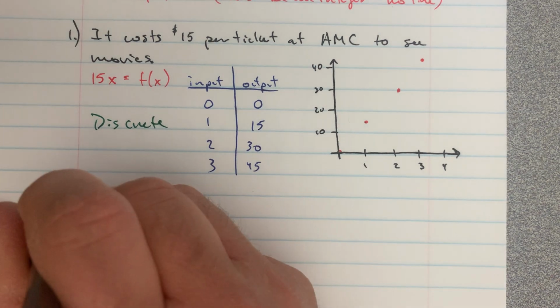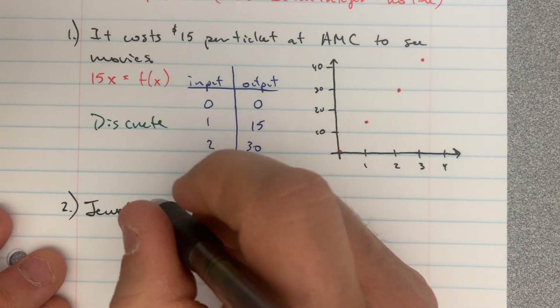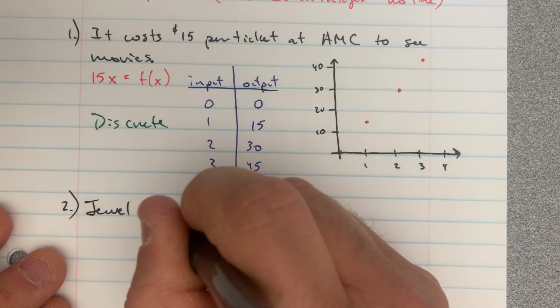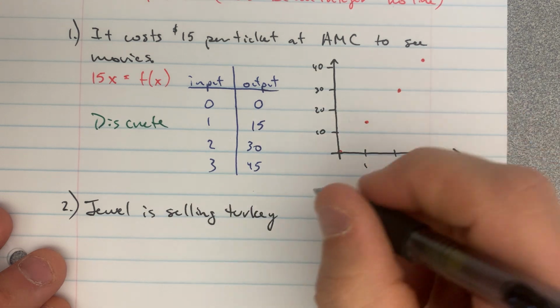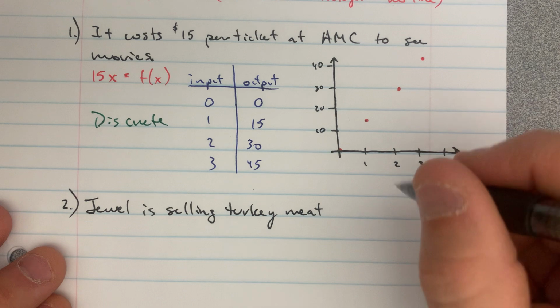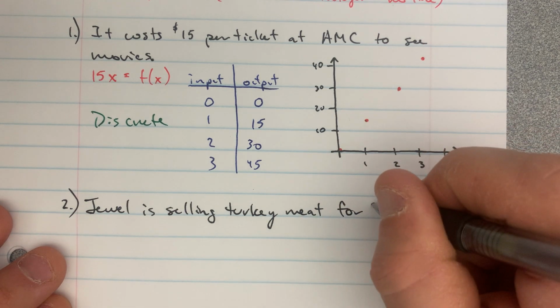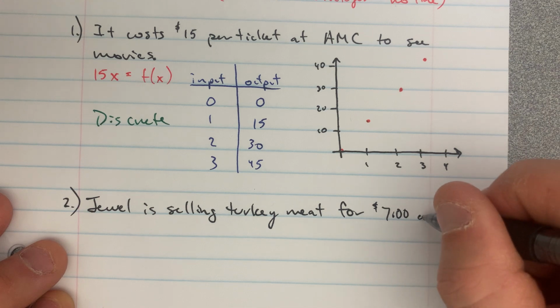Example 2. Jewel is selling turkey meat, just so you know, from the deli, for $7 a pound.